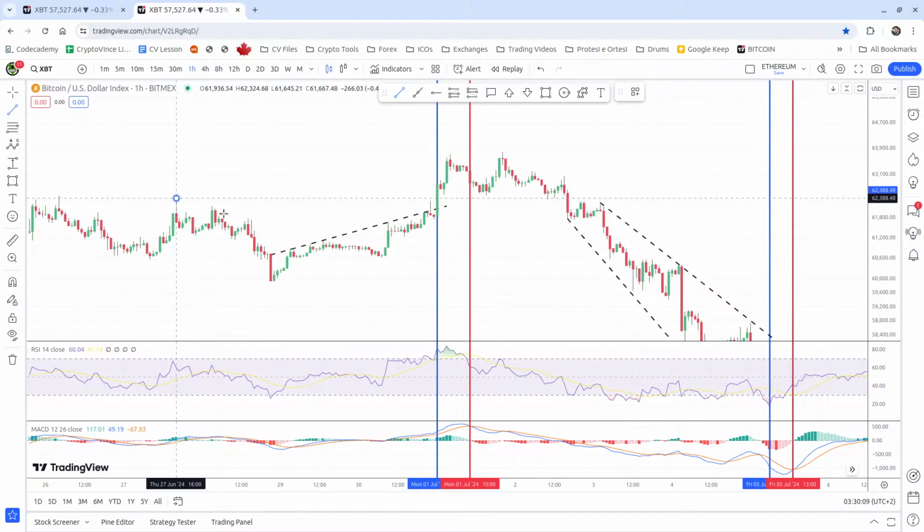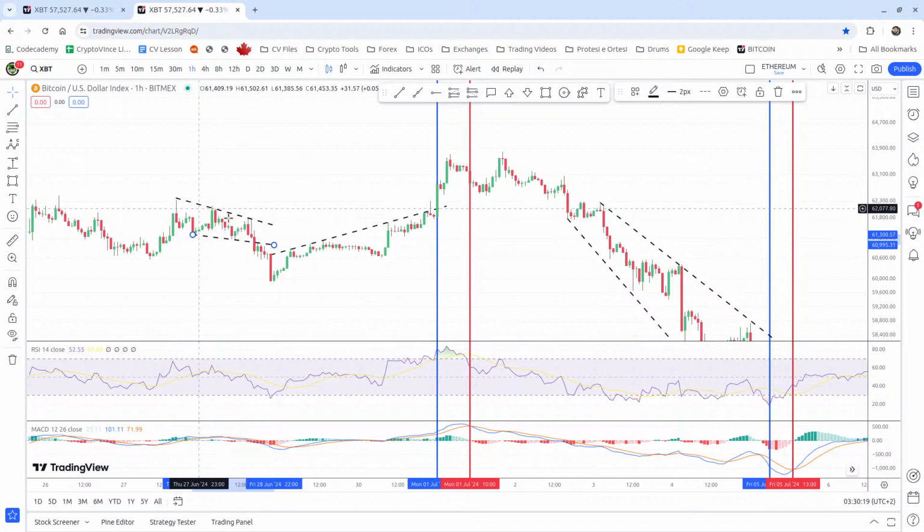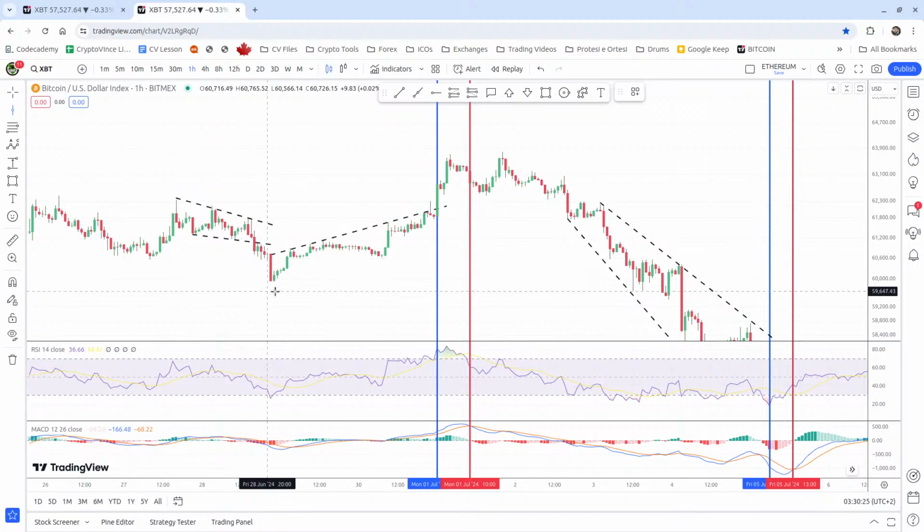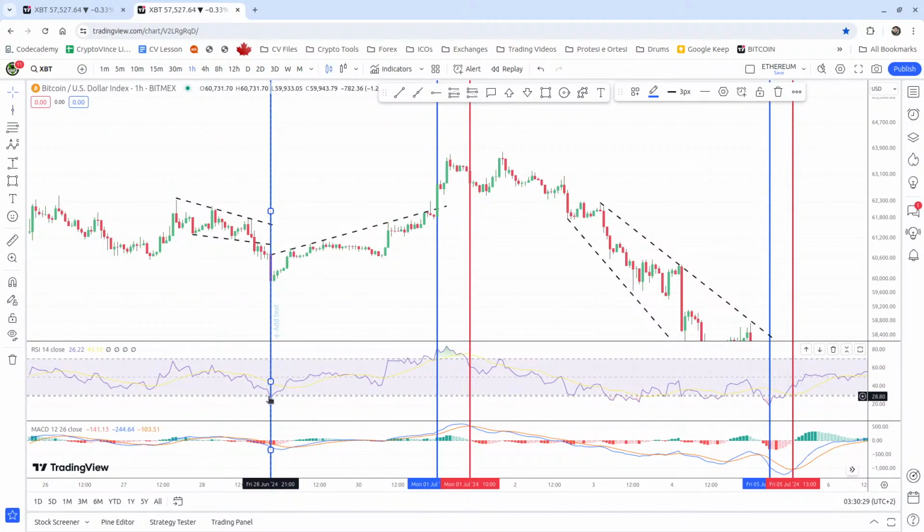I mean, this is going down slightly. The lows are not going down so much, but still it is a downtrend that broke downward, and this is the RSI oversold here, not as much, but we had a drop.